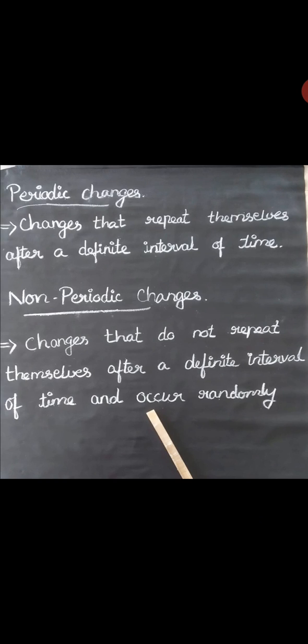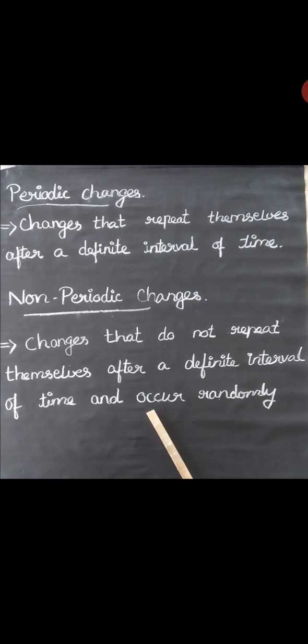An earthquake will not call us and inform us that tomorrow it is going to come, so be alert. Suddenly it occurs. We cannot imagine when it will occur. With periodic changes we can know how they will happen, but with non-periodic changes we don't know when they will occur, and we cannot calculate the interval of time.